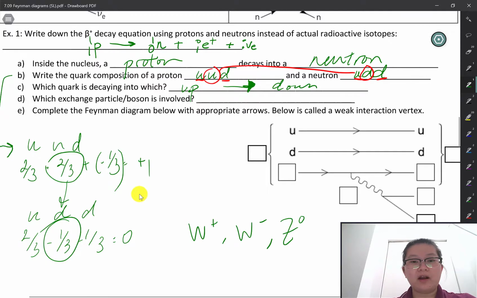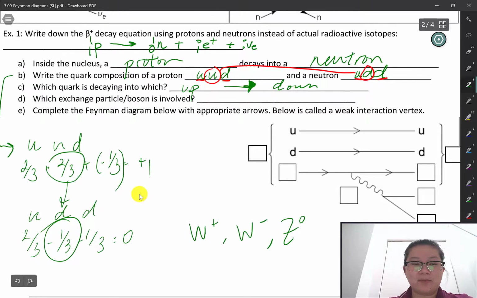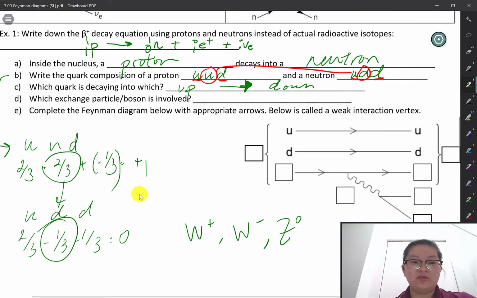To figure out which one it is, we would have to think about what the products are, and also we probably have to finish our Feynman diagram to give us a better understanding of which exchange boson or which charge is needed. At this point, we probably are going to rule out the neutral one because we're going to get a negative charge from a positive charge. But we'll take a look at what that looks like.